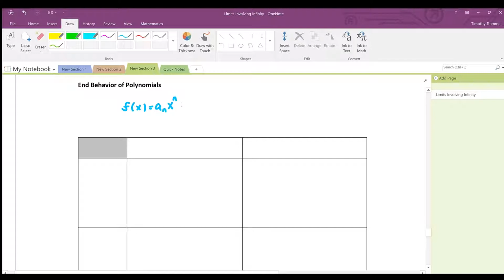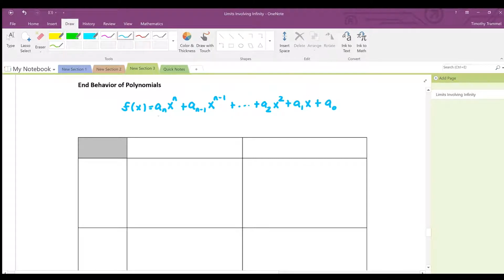And we have plus a sub n minus 1 x to the n minus 1, and so on. And this will go all the way down until we get to just our constant term. So we have a2 x squared plus a1 x plus a sub 0.